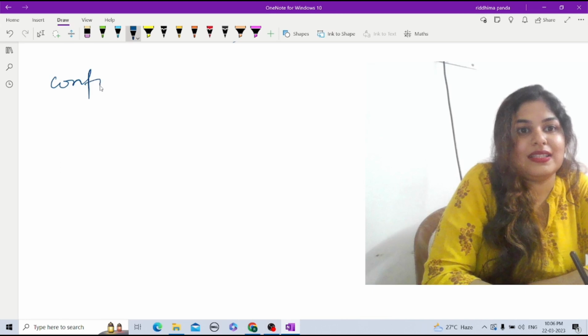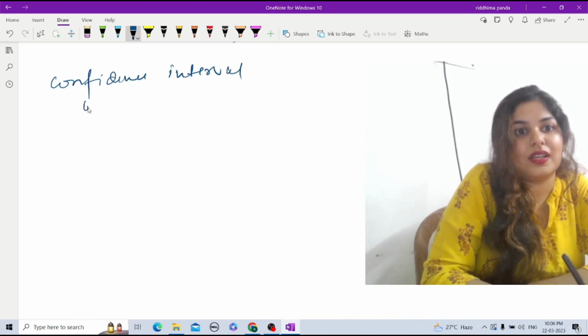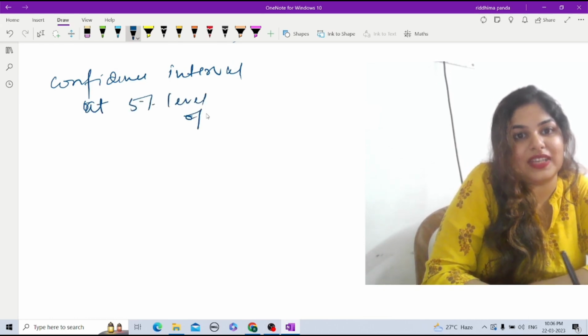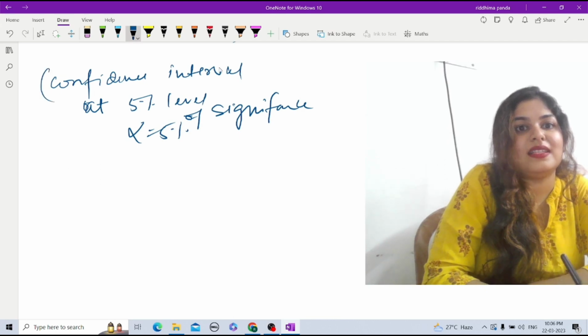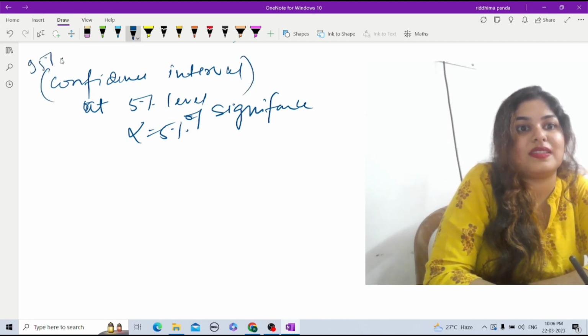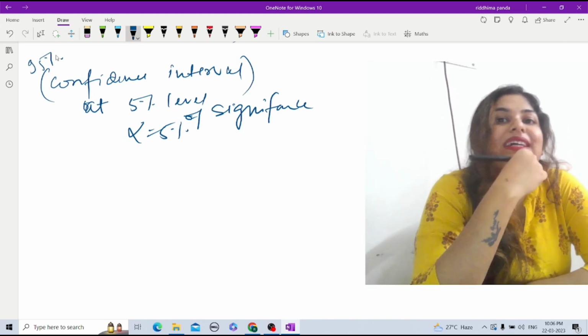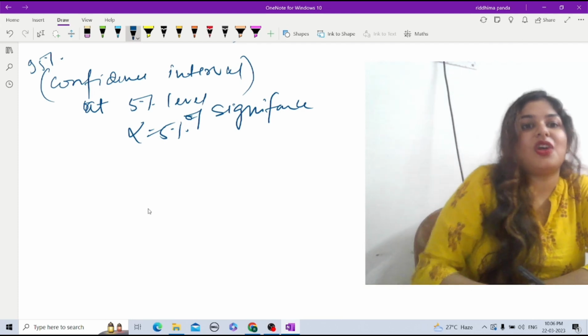Okay, so now let's write down the confidence interval at 5% level of significance, that is, alpha equals 5%, so the confidence interval is 95%. That means you are 95% confident that the value of beta is going to fall in the acceptance region, right? So how will you write it down?